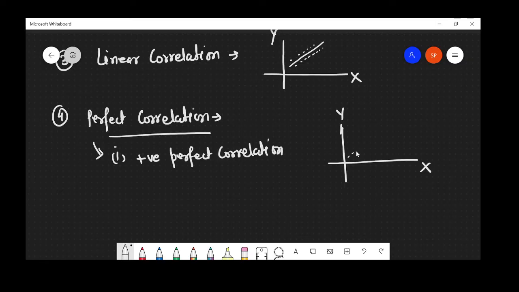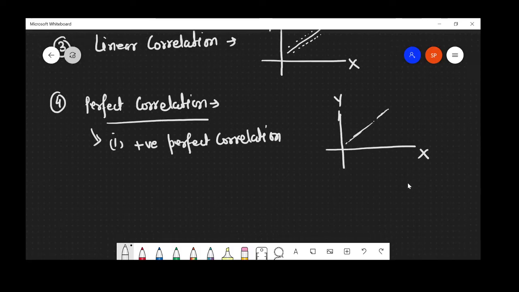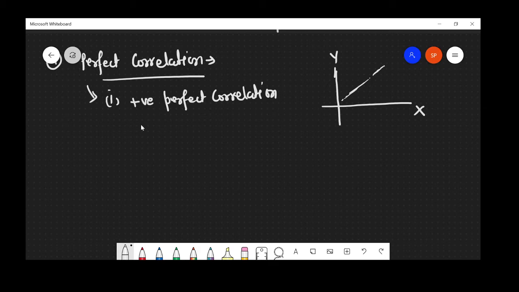So we can draw here the straight line from the origin, and all the points lie on it. One variable increases proportionally to the increase in the other variable; that is known as positive perfect correlation.